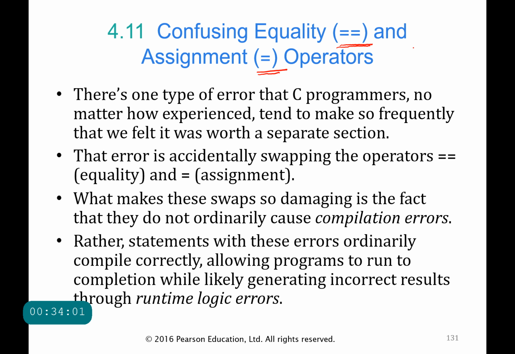So you're checking that their values are the same. But if you want to assign one value to another, then you have to use a single equal to. So this is for assignment. If you want to put the value of y inside x, then you can say something like x equal to y. But if you want to compare whether x and y have the same value, then you will have to use double equal to.